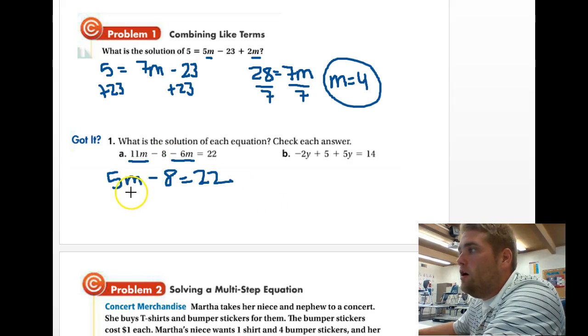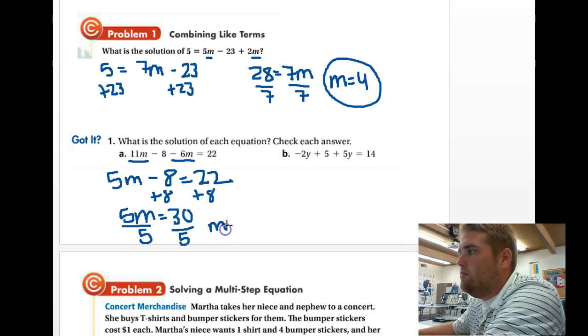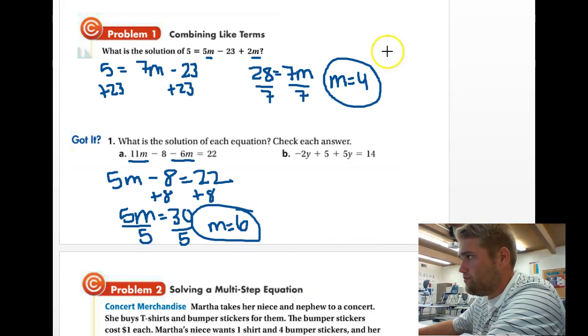From there, I try to get m by itself. So I add 8, so I get 5m equals 30. What's the opposite of multiplying by 5? Dividing by 5, and so m equals 6.